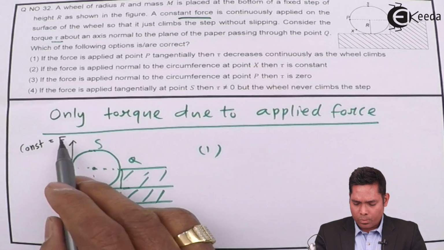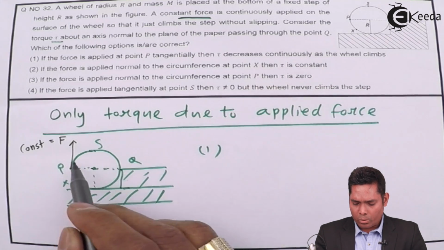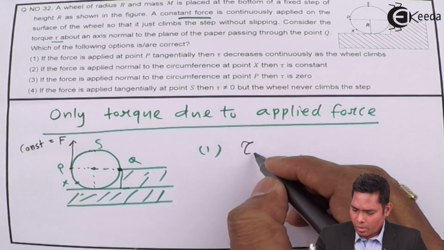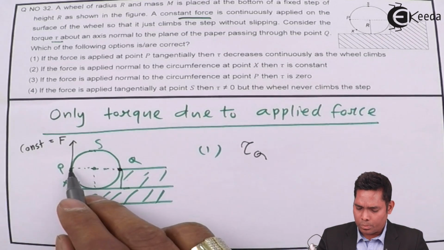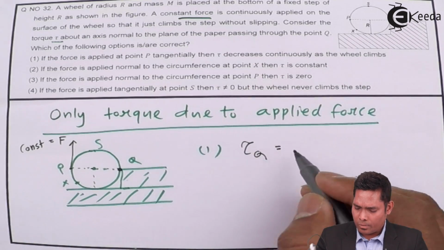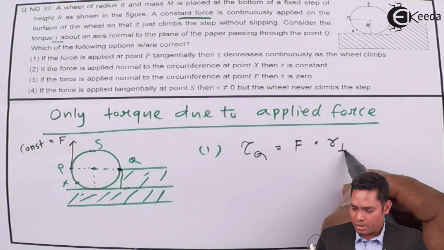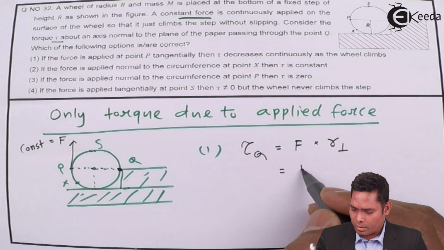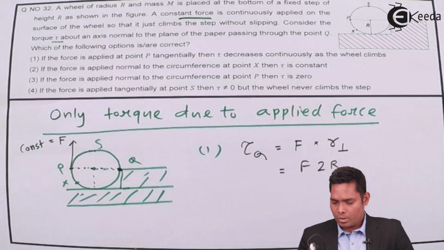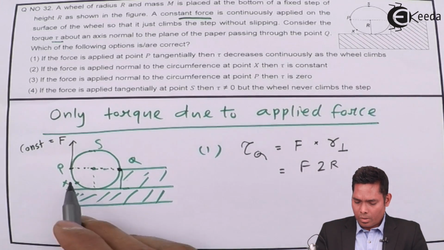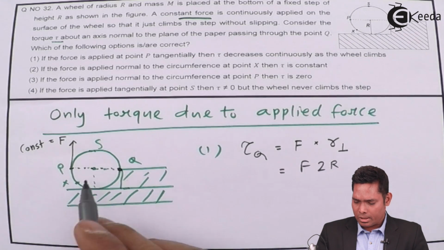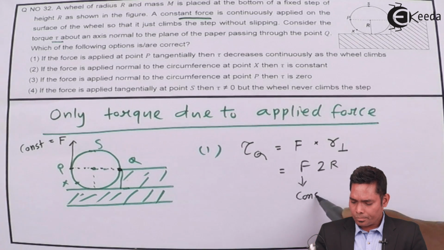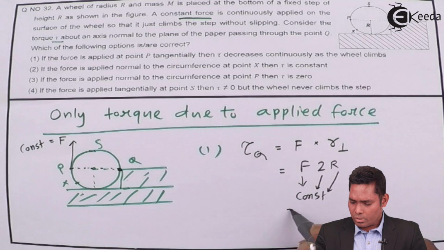To find the torque due to this force about the point Q, the torque is the force times the perpendicular distance, and the perpendicular distance is this length, 2r. This is the line of action of the force and this is the perpendicular distance. F is constant, 2 is constant, r is constant. So it is a constant value.